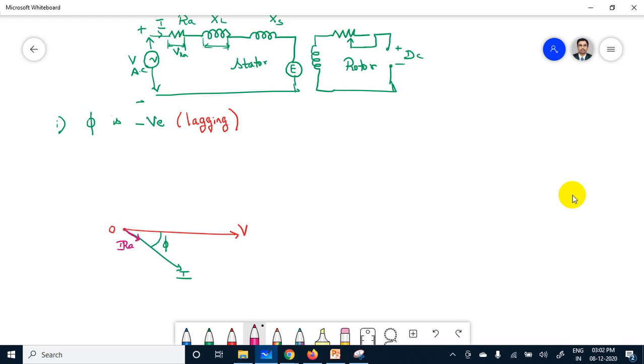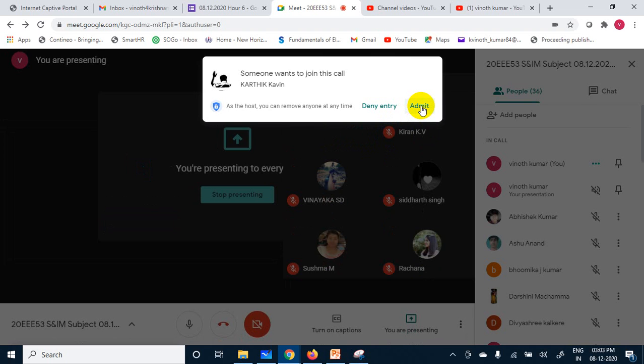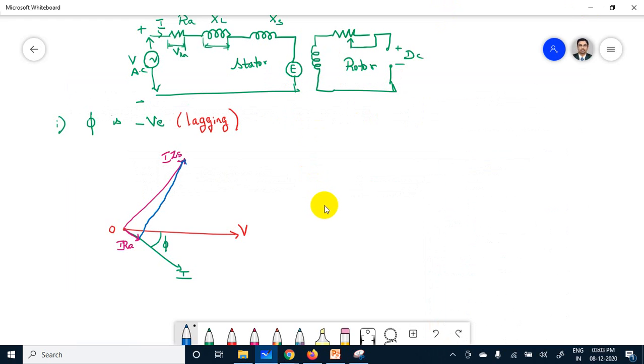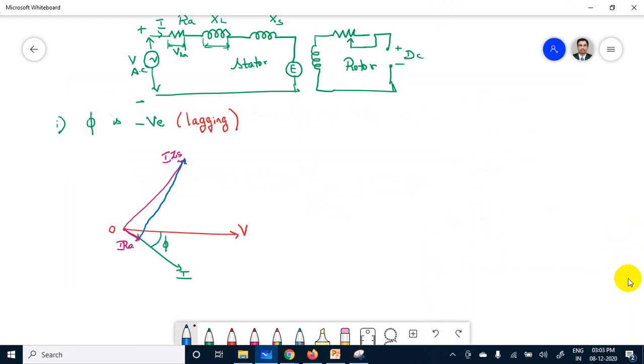So in lagging power factor, this is my center point. From 0 to the center will be I ZS. This line will be I ZS, and I'm going to join this I RA to this V. This is I into RA.